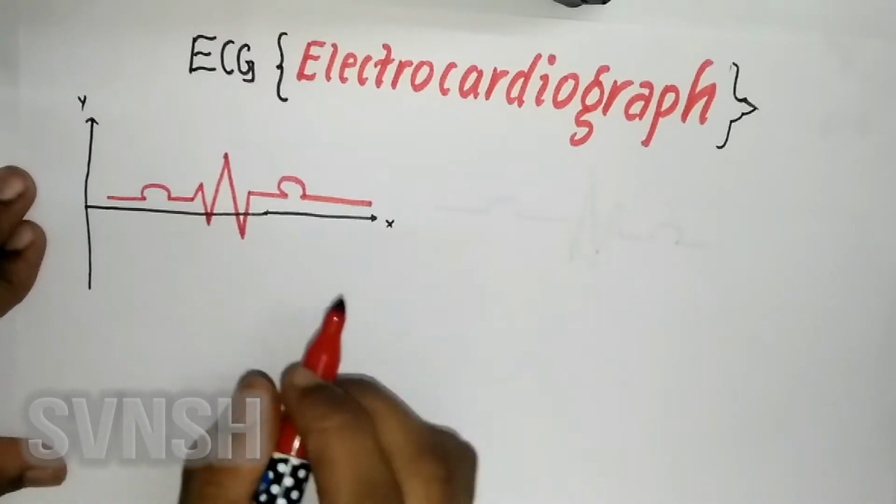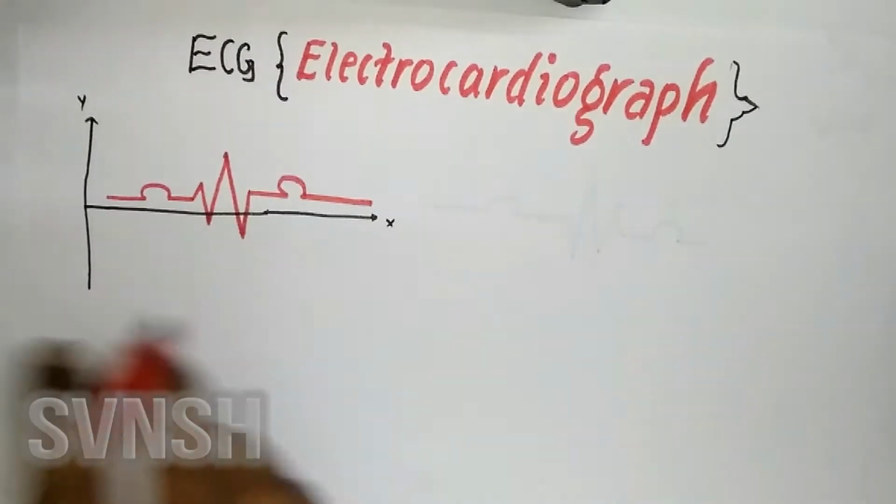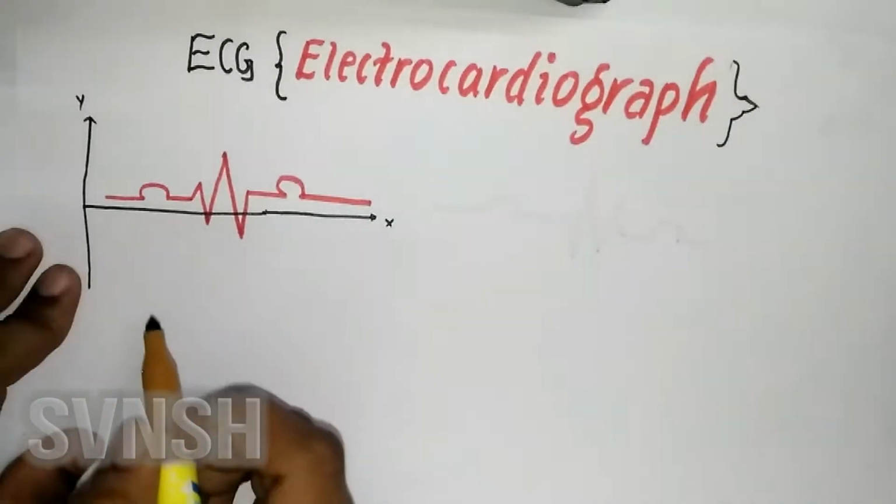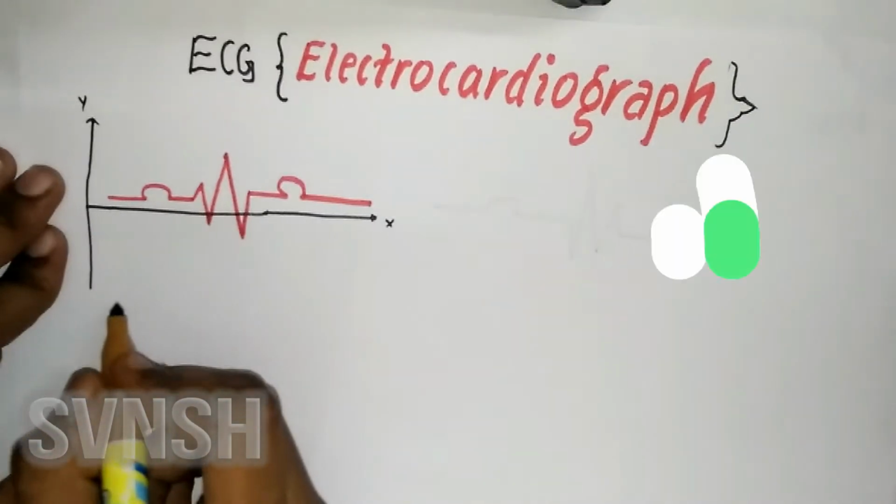This is the main graph of this. Now let us label it, to see what this graph shows us.